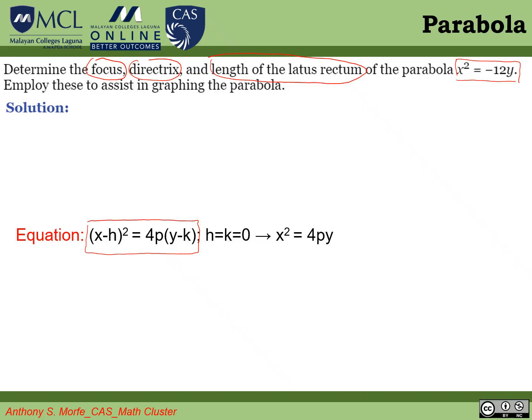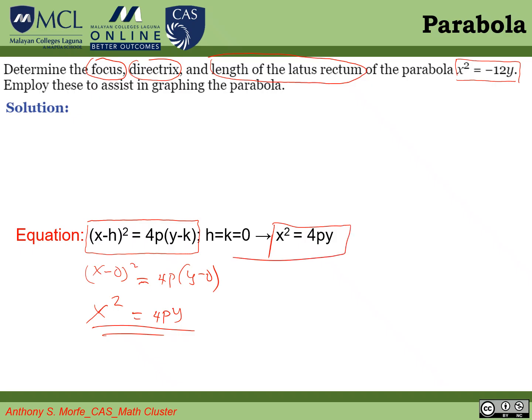When h is equal to 0 and k is equal to 0, you just substitute it here. So x minus 0 squared equal to 4 times p times y minus 0. So the equation becomes x squared equal to 4py. So the equation becomes like that.